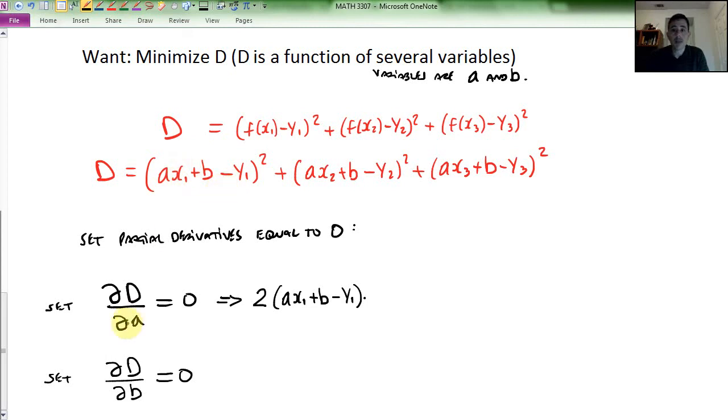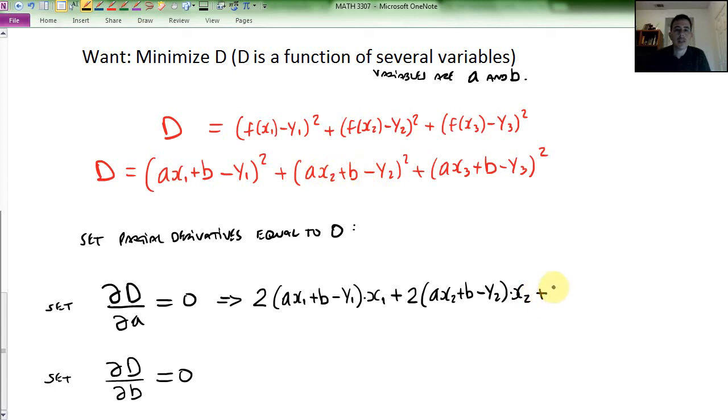It's a derivative with respect to a, so the derivative of what we have inside is x1. Plus, same thing with the second one: ax2 plus b minus y2, times x2, right? Bring the 2 down, subtract 1 from 2, and then the derivative of what you have inside is x2.